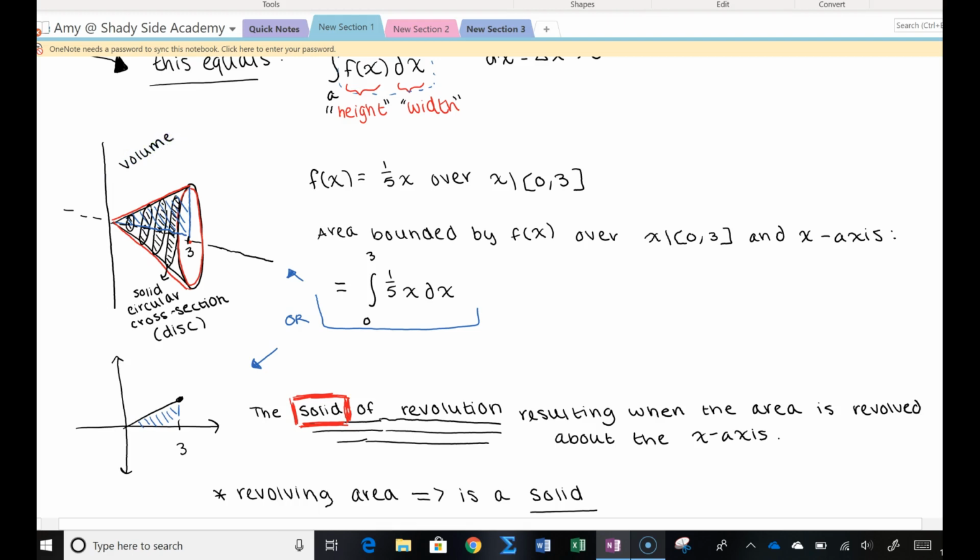The volume of the cone is equal to the sum of infinite circular cross-sections. We'll take the area of each cross-section, if I add them all up. Yes. And we have been here before, when we've talked about summing up infinite something.